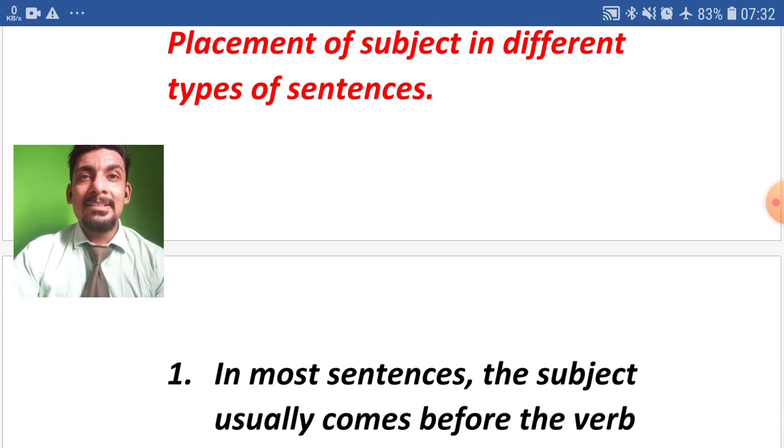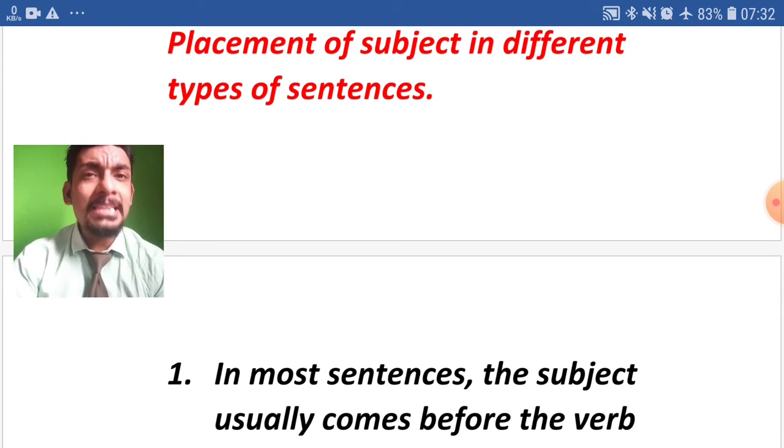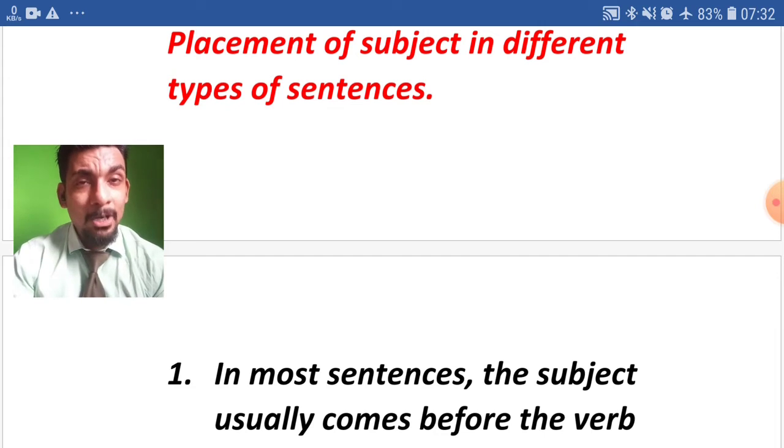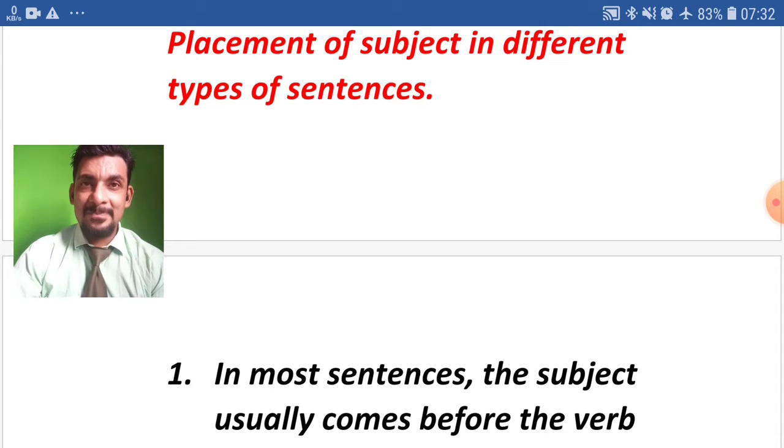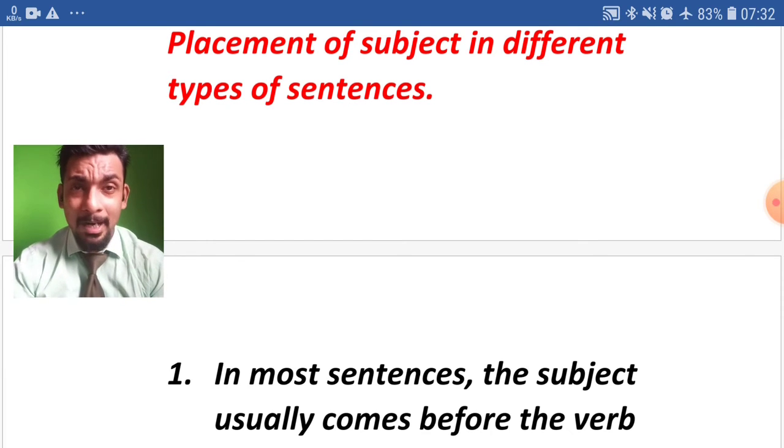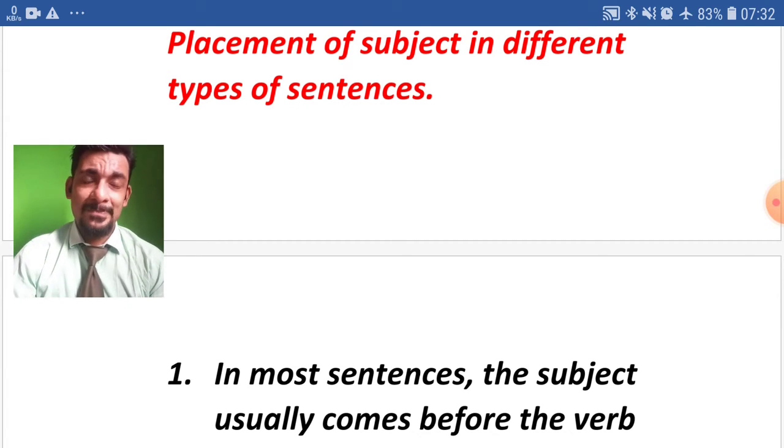Now, coming to today's class, where I am going to teach you the different types of rules of placing the subject for different type of sentences. Then I'll give you one simple exercise which you need to note, and we will discuss that exercise in the third part of this chapter. So let's start.